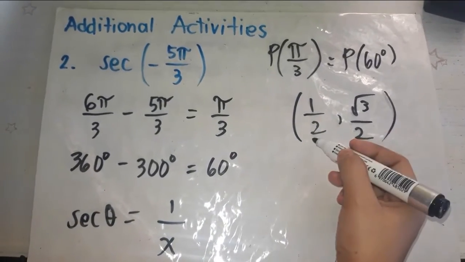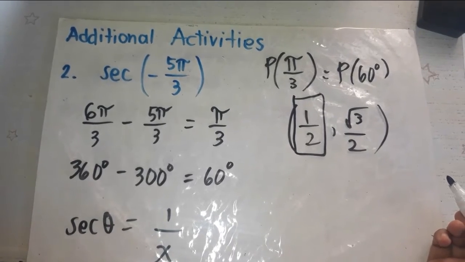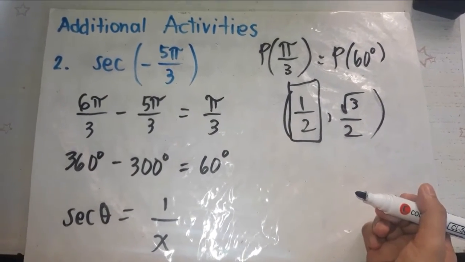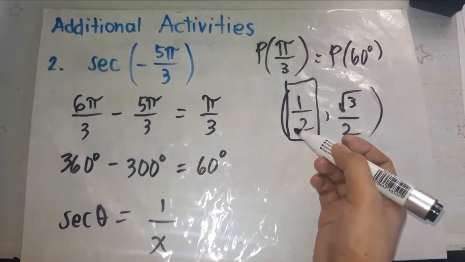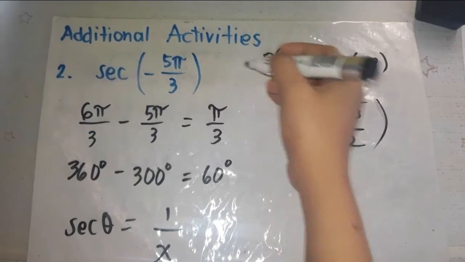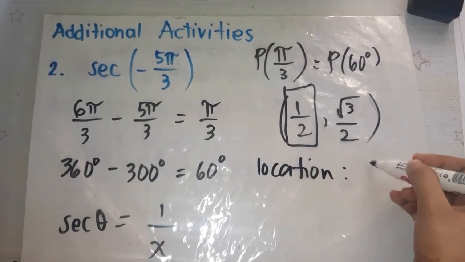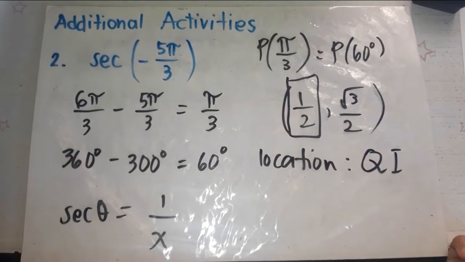The x coordinate is 1/2. But take note of the location. Negative 5 pi over 3 is negative, so the rotation is clockwise, and this is actually located at the first quadrant. So location is quadrant 1, therefore both coordinates are positive.